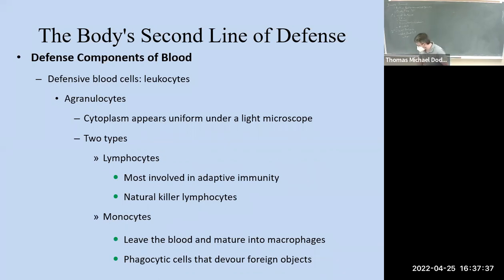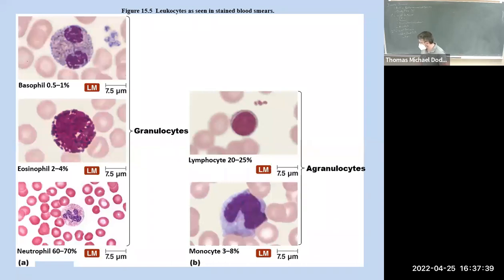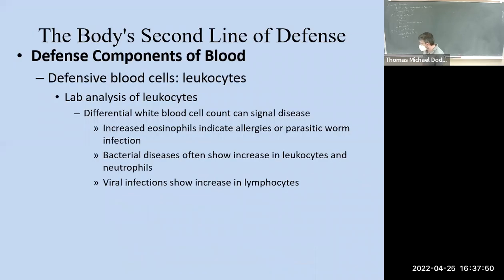And of course, phagocytosis. Okay. This picture just was to show you some of them and show you why it's called granulocytes and agranulocytes. I don't care if you know that, so don't worry about it. What's important about the types is that the types tell you stuff.